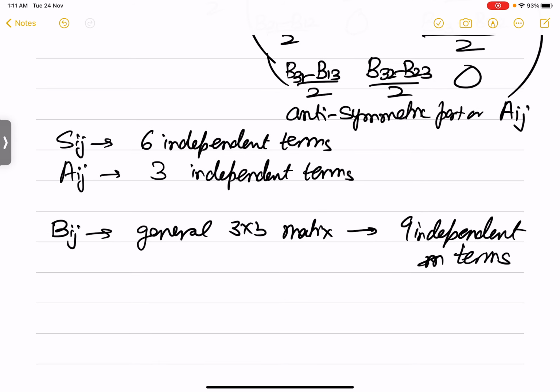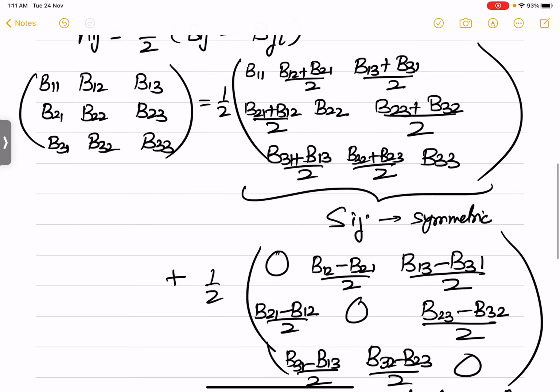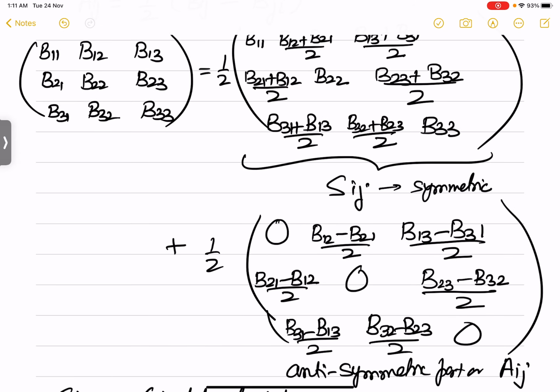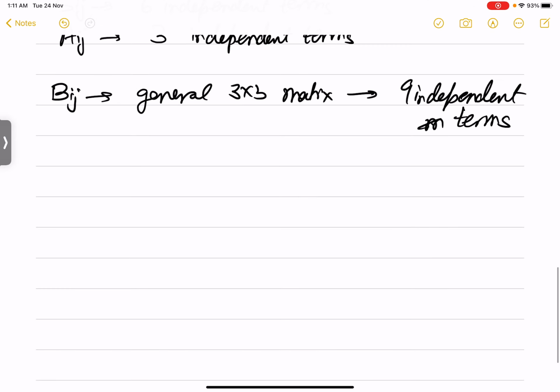Now, so this was the maths part of it, that we can divide any tensor into 2 parts, a symmetric part and a skew symmetric part.